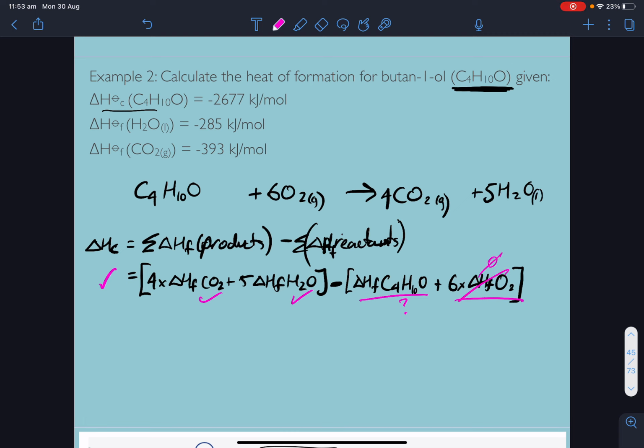So, what we can do is rearrange it and put the heat of formation on one side. Okay, so it's negative in front of the heat of formation, so I'm going to put it on the other side.